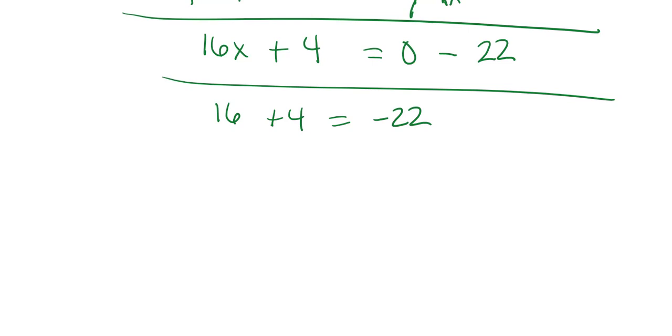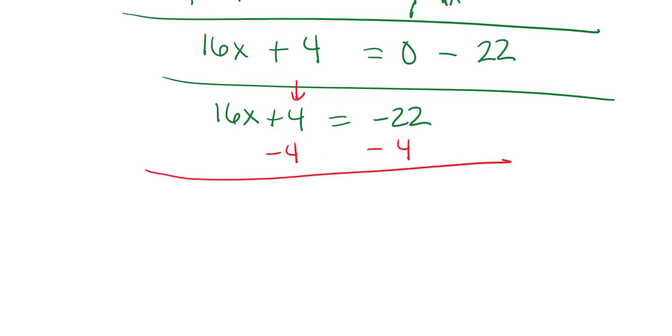I forgot the x, which is very important. If we need to get x by itself, the next step will be to move this number. We're going to subtract 4 on both sides. This becomes 0, and then we're left with 16x. We're getting really close to getting x by itself. Then we have negative 22 minus 4, which would be negative 26.